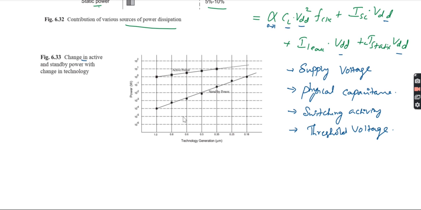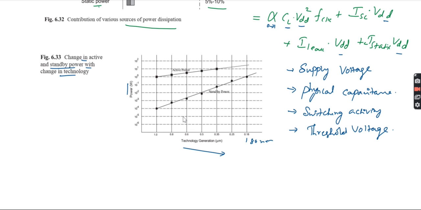Now you can see the change in the active and standby power with the change in technology. The technology goes in terms of micrometers: 1 micrometer, 0.8 micrometer, and so on to 0.18 micrometer, which is 180 nanometer. For 0.8, the standby power will be 10 to the power minus 4 watts, but the active power is 10 to the power 0.